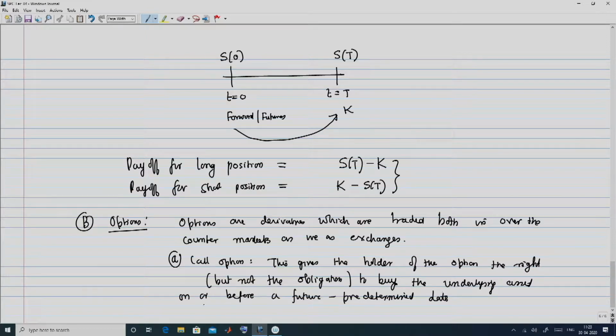So, please see that we now allow for this purchase to happen before a future predetermined date for a pre-specified price.